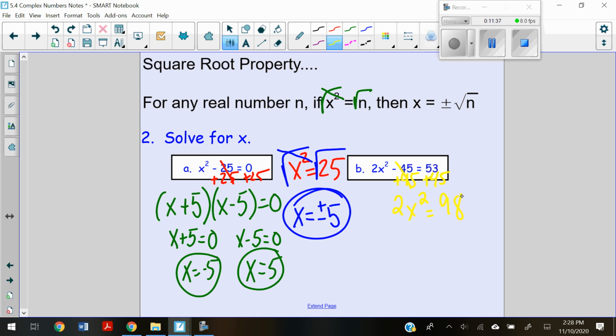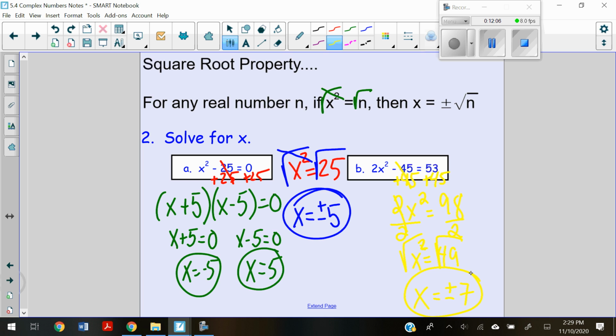Now I'm still making the goal of getting x squared by itself, so I'm going to divide both sides by 2. And I find x squared equals 49. To get rid of my square, I'm going to take the square root on both sides. So x equals, and now here it comes into play, plus and negative 7, positive and negative 7.